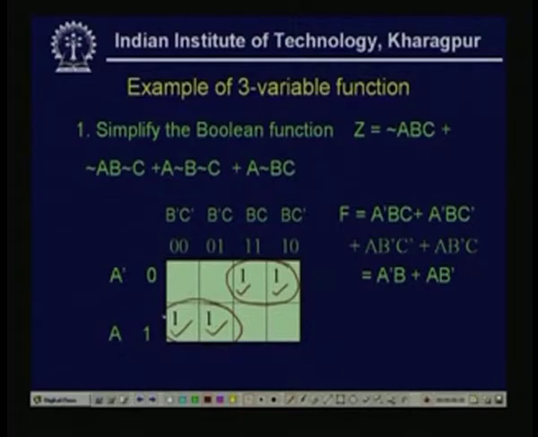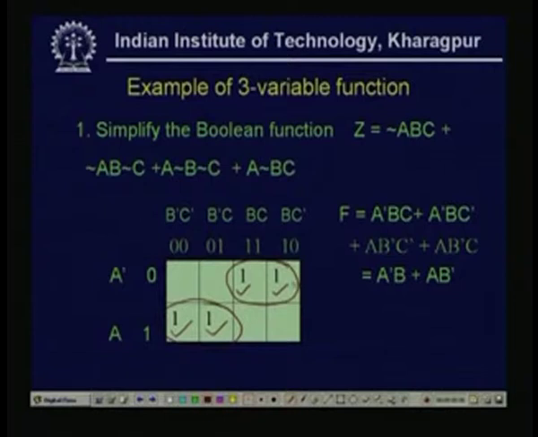Now, let us see how the first couple reduces. For the first couple, the row represents the literal a complement, meaning a dash, and the 2 columns are b c and b c bar. See, c and c bar, complemented as well as uncomplemented, exist, but b is fixed. So, the term will be a bar b.